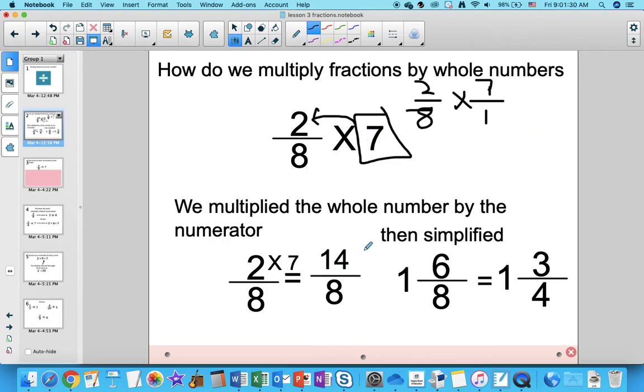Then what you need to keep in mind is that if you end up with an improper fraction, you need to turn it into a mixed number. And then if you can simplify the fraction, you want to do that. And so the hard part of this isn't so much the multiplying, it's the fixing. It's those little details that you got to put in there. So don't forget to mix your fractions, don't forget to simplify.